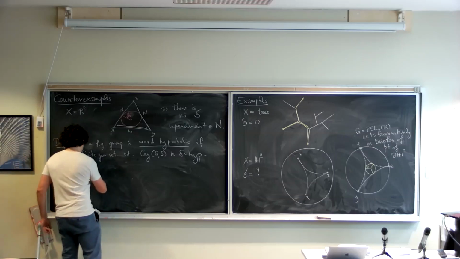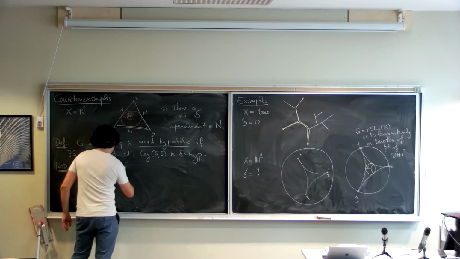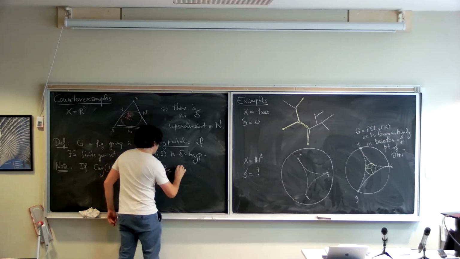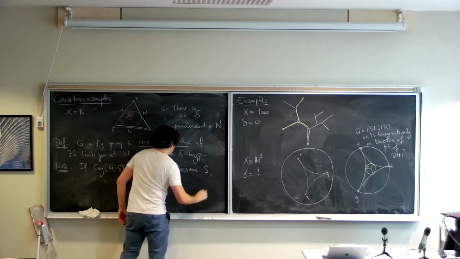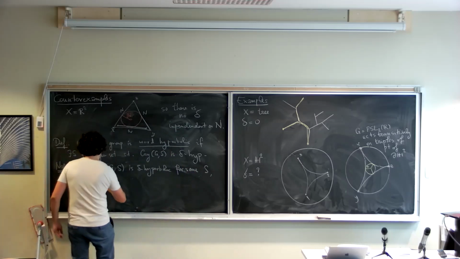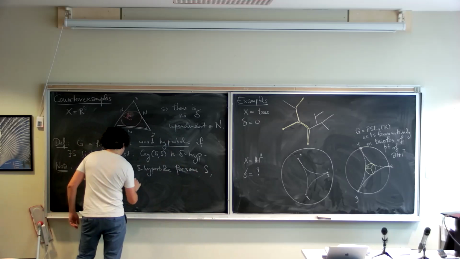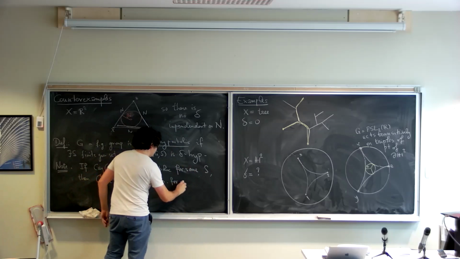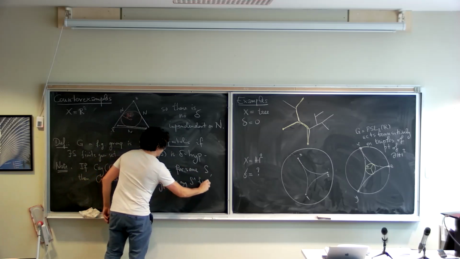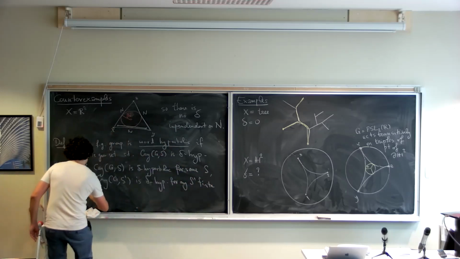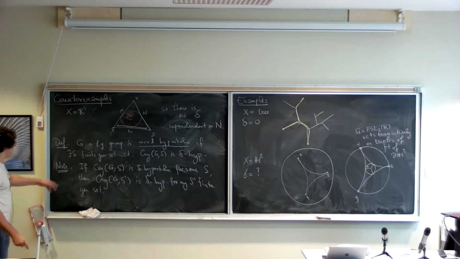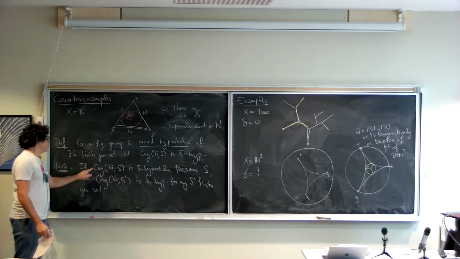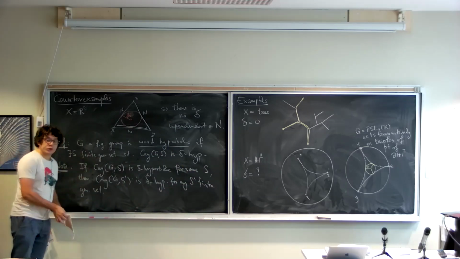So if the Cayley graph of G with respect to S is delta hyperbolic for some S, then the Cayley graph of G with respect to S prime is hyperbolic for any S prime with finite generating sets. And the reason for that is that the two metrics on G given by these two generating sets are quasi-isometrically equivalent to each other.